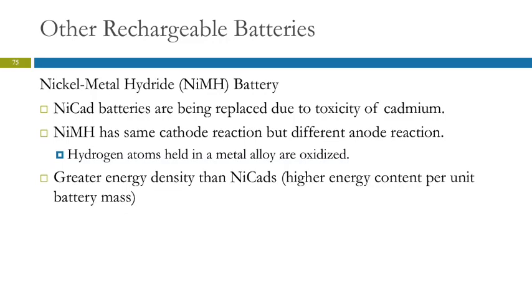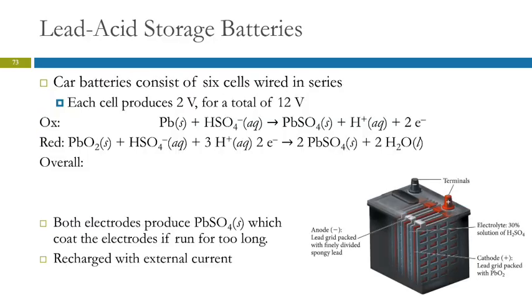Yes? So if the lead acid battery is a rechargeable battery, then why is it that, this might be a dumb question, but why is it that you need to replace it so often? That's an excellent question. So this is rechargeable. Why do we have to keep replacing them? Because typically a car battery will last 3 years or 5 years, depending on how much money you spend on it.